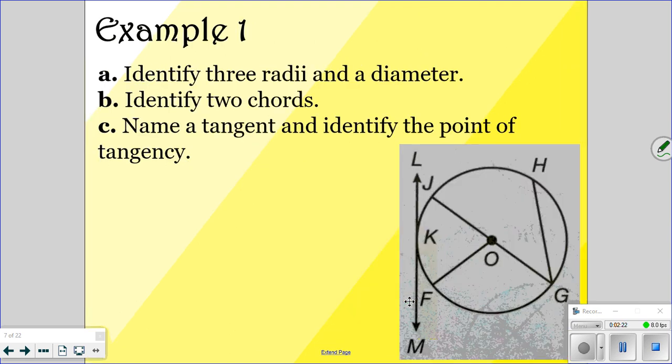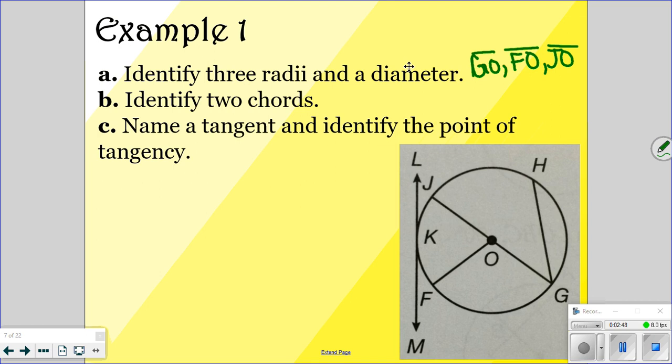So we're going to identify 3 radii and a diameter, 2 chords, and then a tangent and the point of tangency. So one of your radii could be GO, one could be FO, and one could be JO.